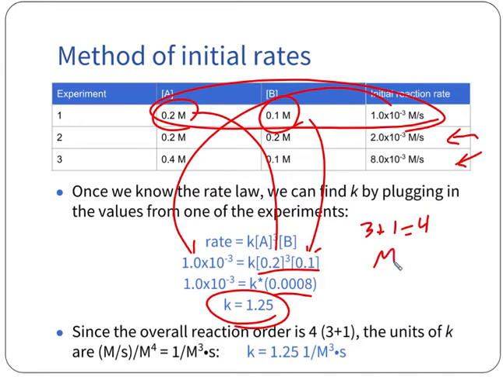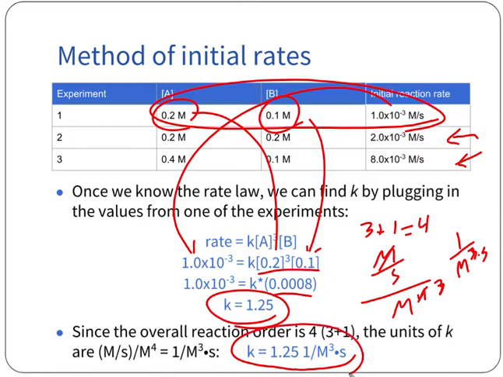So it's going to be molar per second divided by molar to the fourth power. The molar cancels the 4, so that turns into a 3. So then it's going to be 1 over molar to the third times seconds. So K equals 1.25 times 1 over molar to the third times seconds. And so that's what our K is.